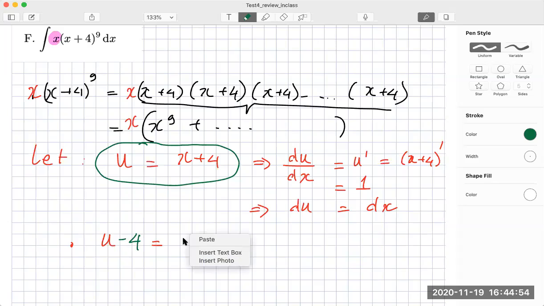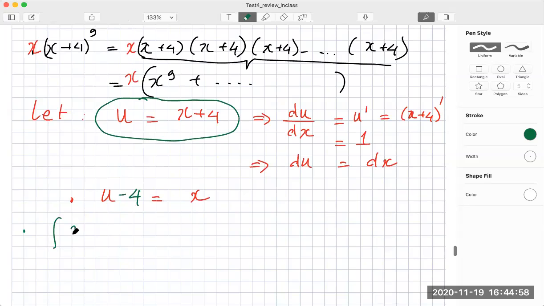We have everything. So we want to compute the integral of x times x plus 4 to the 9 dx. Now we can write everything in terms of u.